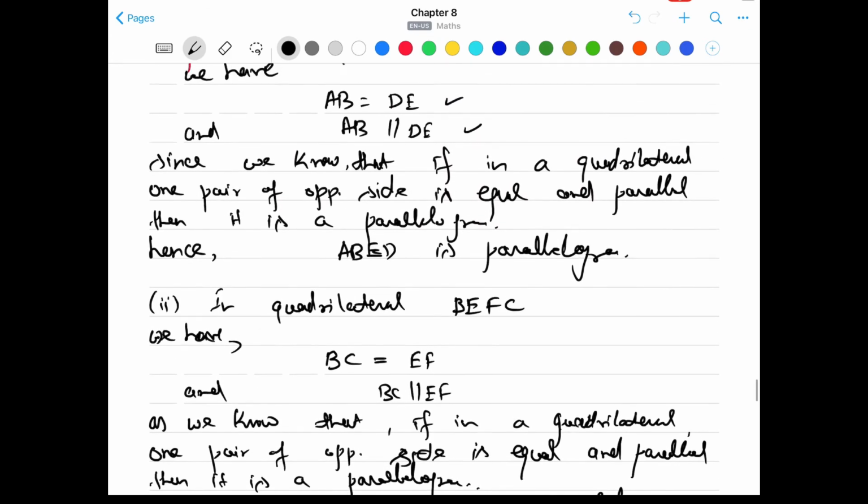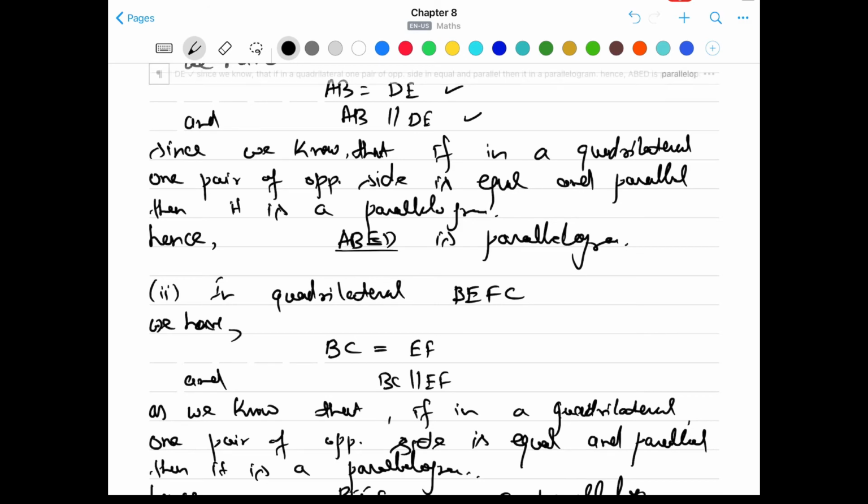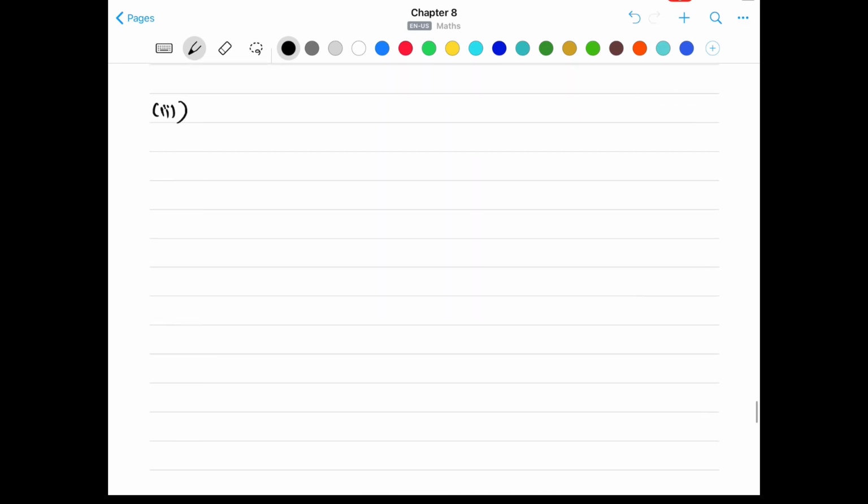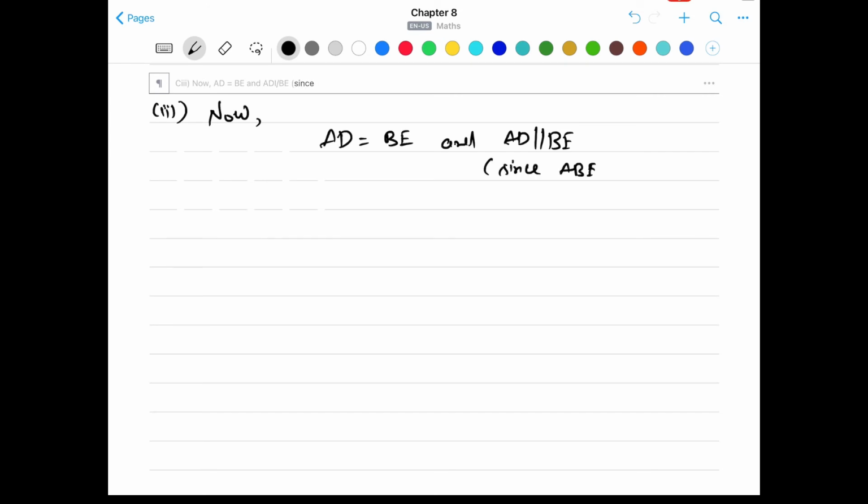Since we have already proved that the above two are parallelograms, that is ABED is a parallelogram and BEFC is a parallelogram, from here we get that AD is equal to BE and AD is parallel to BE. The reason for this one is since ABED is a parallelogram.